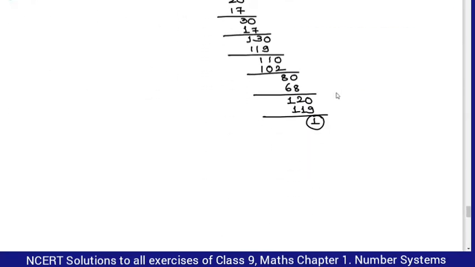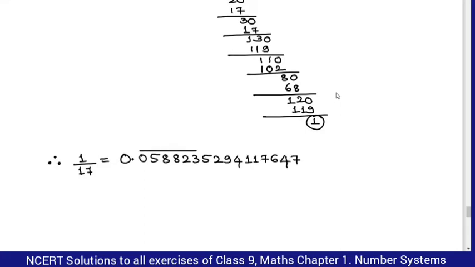So we got 1 by 17 is equal to 0.058823294117647. So these numbers are repeated. A block of 16 digits is repeated.